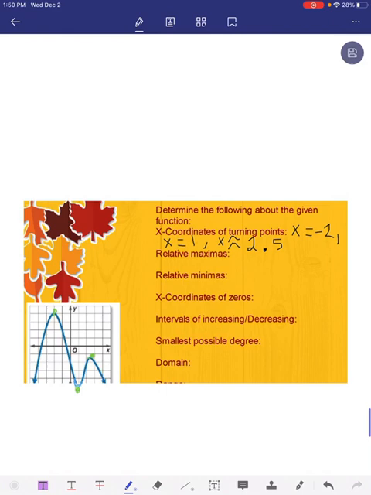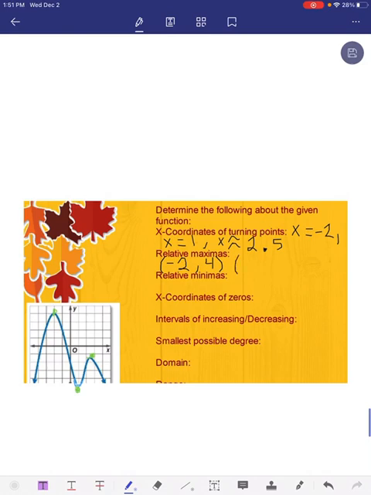So notice that we have 2 relative maximums and 1 relative minimum. Remember, every turning point either has to be a relative max or a relative min. If I turn directions, I know I have to have a relative min or a relative max there. So we would have a relative maximum at that first point, which would be -2, 4.